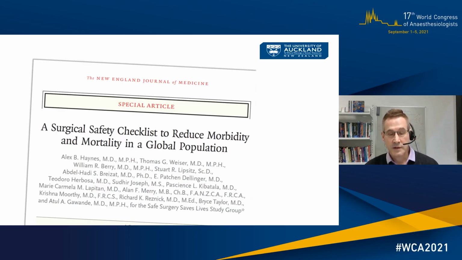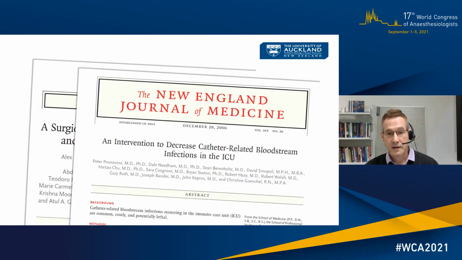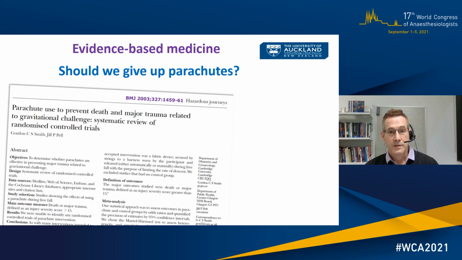And also we know that global safety change can occur without an RCT being involved. The two prime examples of this are Gawande's work with the surgical safety checklist and Pronovost's work with central venous catheter bloodstream infections. Taking this to a sort of parity level, there was a paper published in the BMJ a few years ago suggesting that we should give up parachutes.